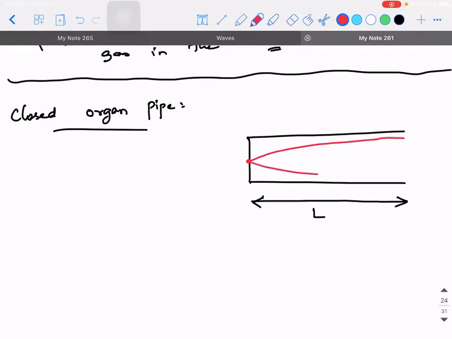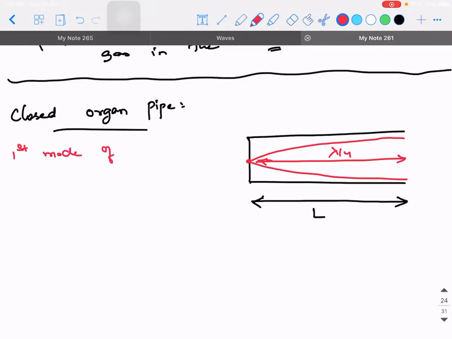So it will be something like this. What is the distance between a node and its successive antinode? So what is this distance, guys? Lambda by 4.